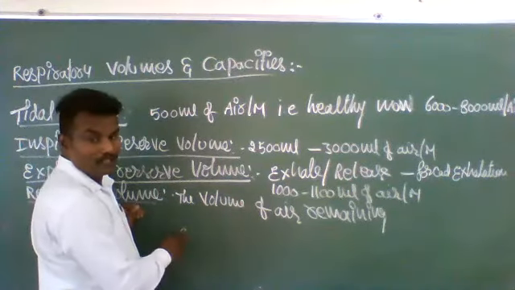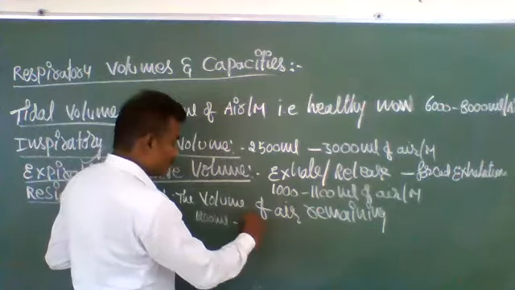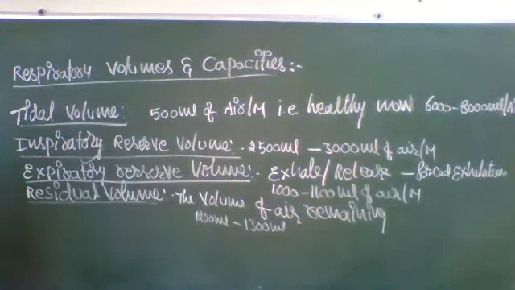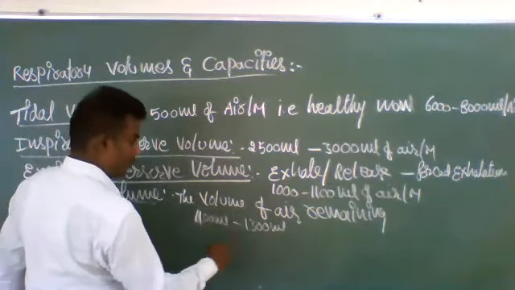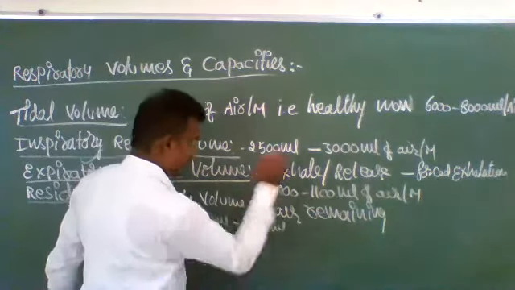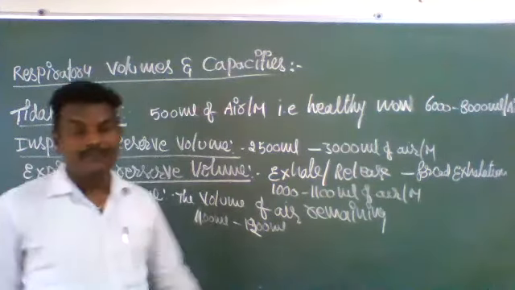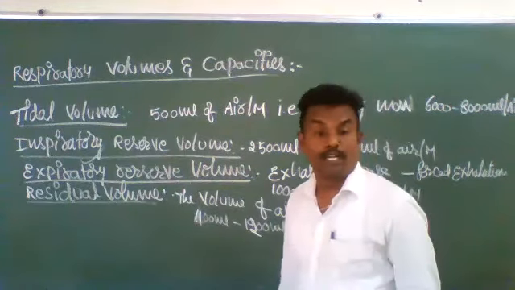This is approximately 1100 ml to 1200 ml of air. So these are tidal volume, inspiratory reserve volume, expiratory reserve volume, and residual volume.